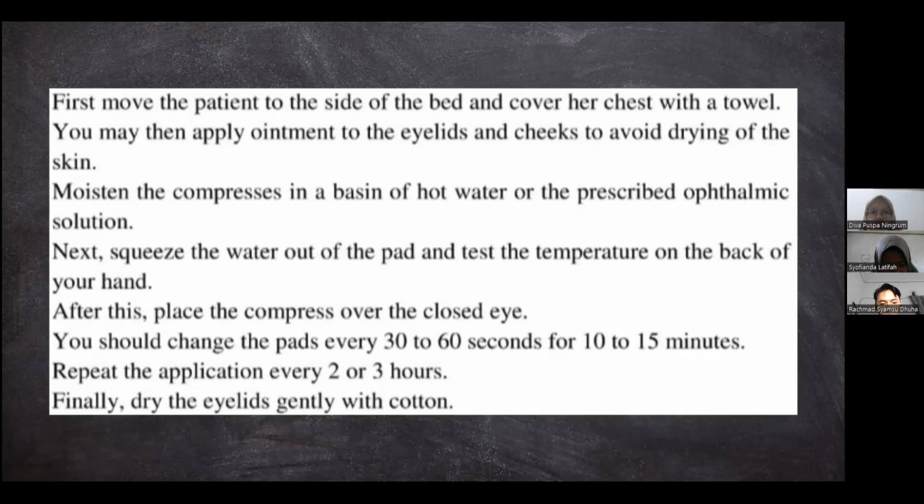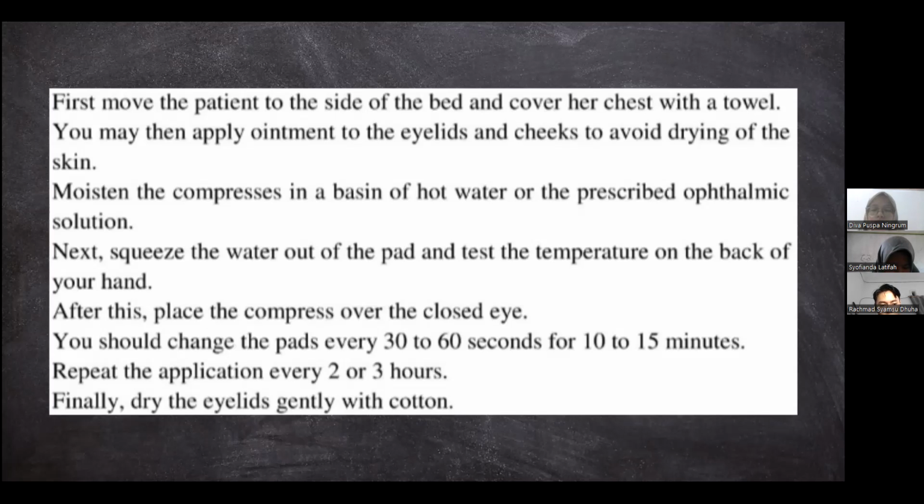Moisten the compresses in a basin of hot water or the prescribed ophthalmic solution. And then next, squeeze the water out of the pad and test the temperature on the back of your hand. After this, place the compress over the closed eye.